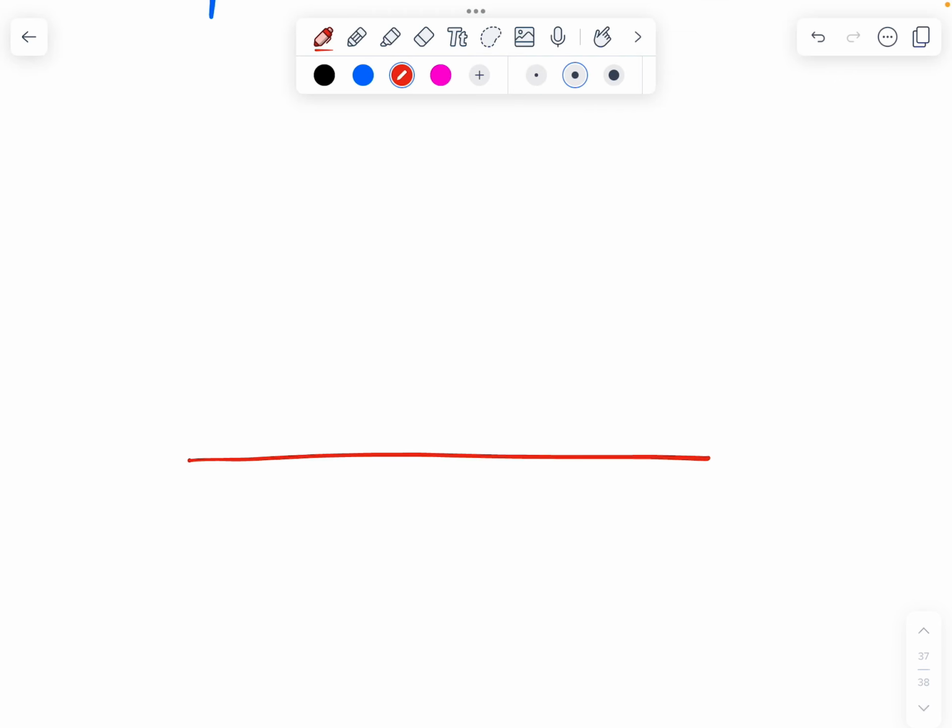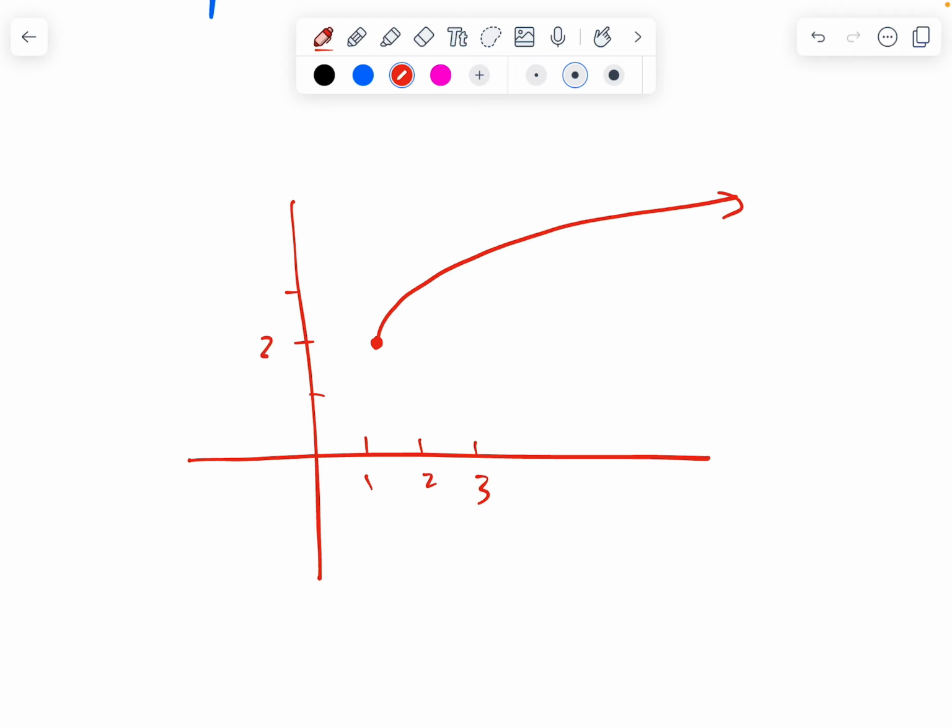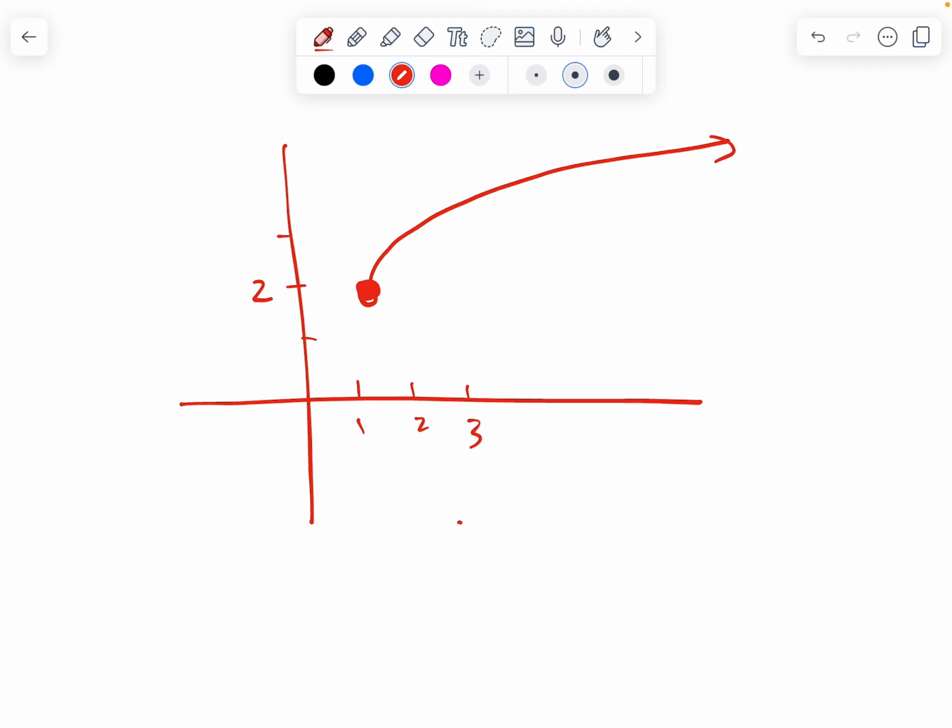So let's say you have something like this, and this is 1, 2, 3, and you have a graph that looks like this. When you write the equation for this, you're going to use the fact that the starting point is 1, 2. So we're going to do y is equal to the square root.